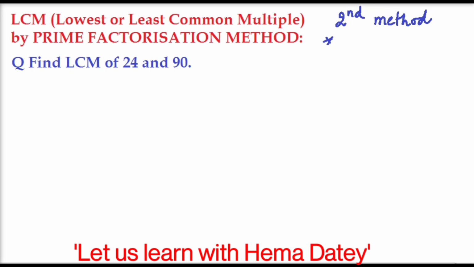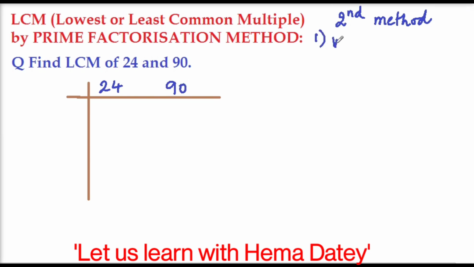For the second method of LCM, we write both the numbers 24 and 90 in one row and keep sufficient distance between 24 and 90. So the first step for this method is to write the numbers with some distance.